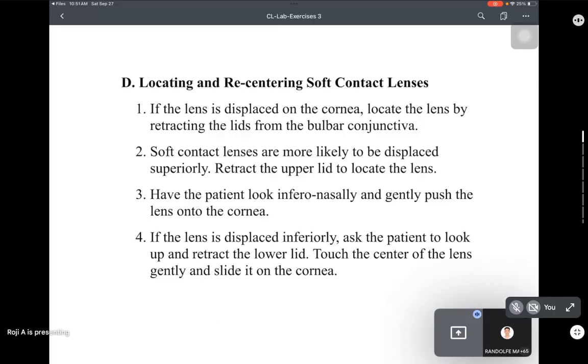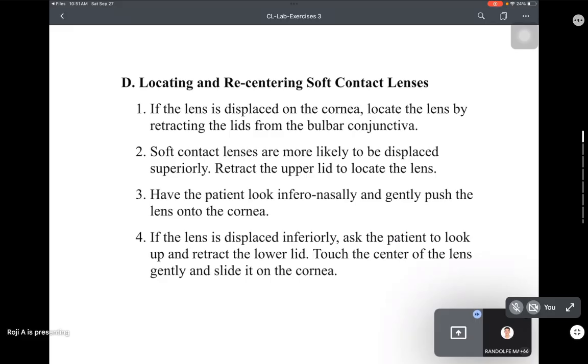Since it's hard, it can create scratches and scratch your cornea, something that we don't want. But for soft contact lens, because of its material and its property, it's so soft, it doesn't damage the cornea. It's pliable, plus the material with water content obviously does not have much of a mechanical effect on the cornea.